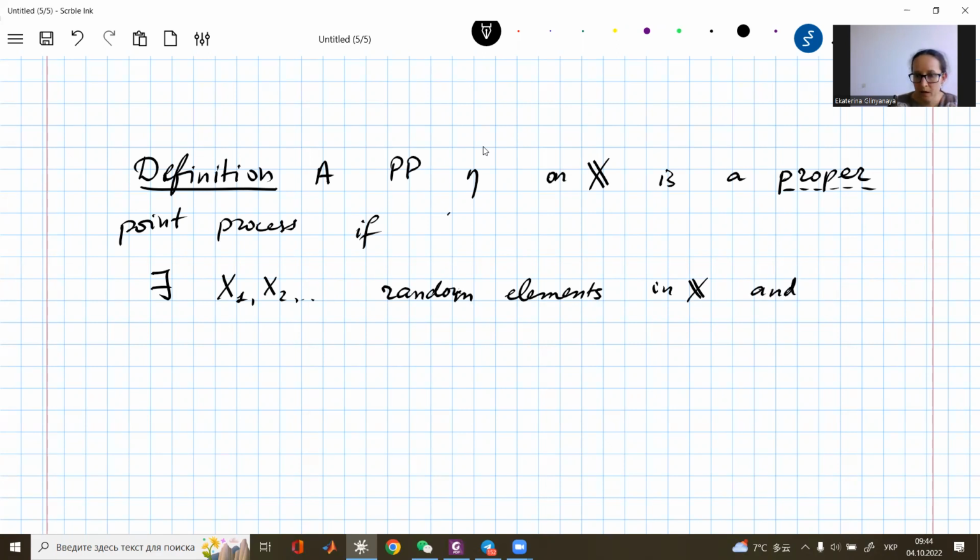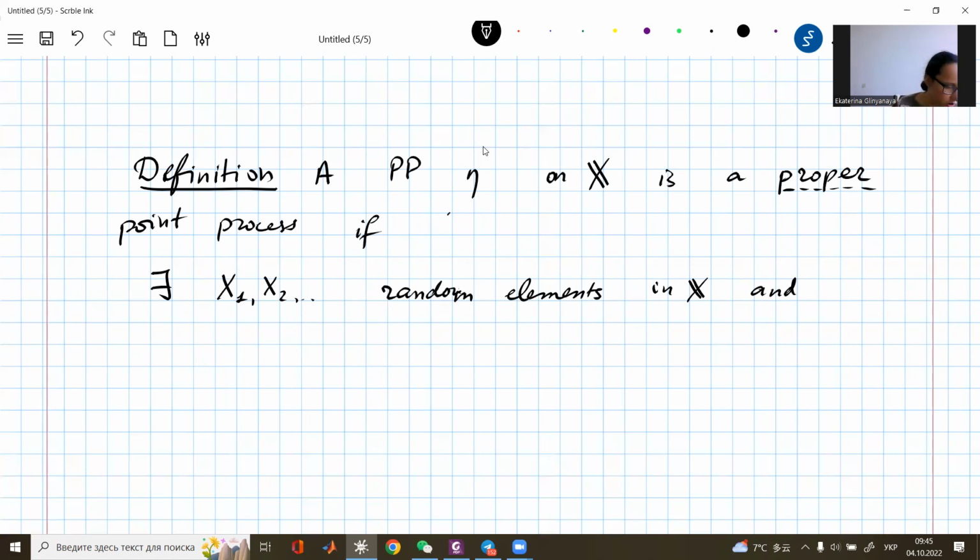And here, of course, we do not know the total number of points in the space, so we can also vary the total number of points.